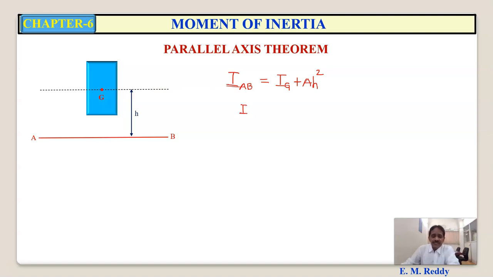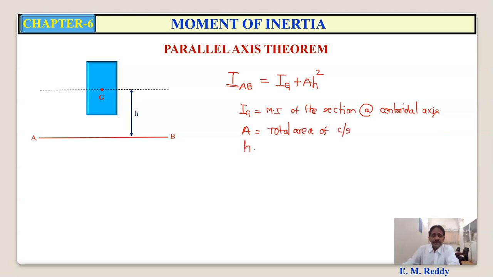Whereas I_G is the moment of inertia of the section about the centroidal axis, which is parallel to the given axis AB, and A is the total area of cross section.